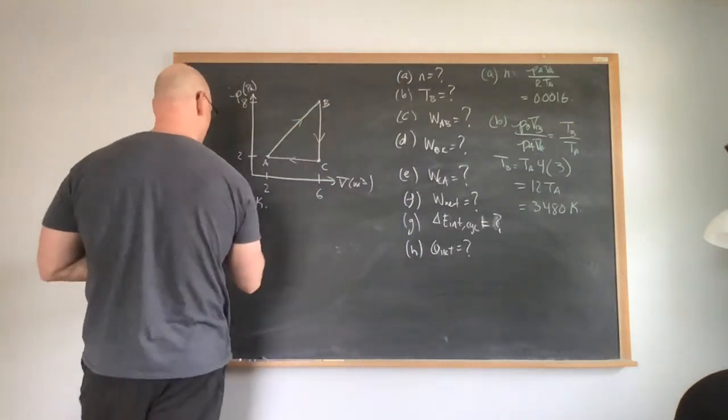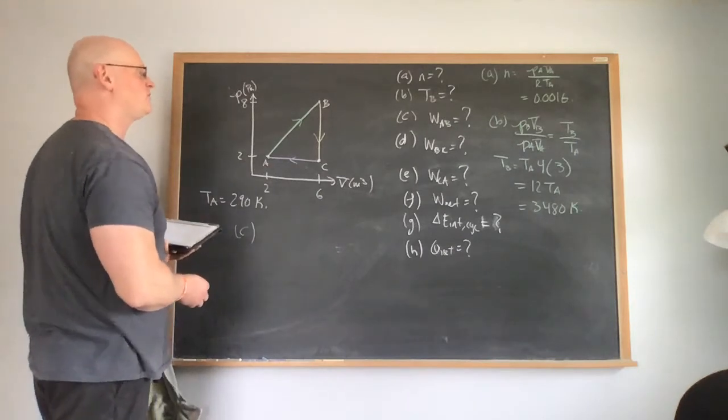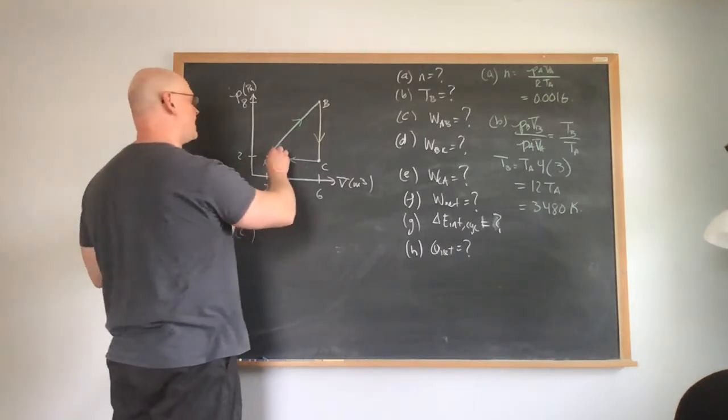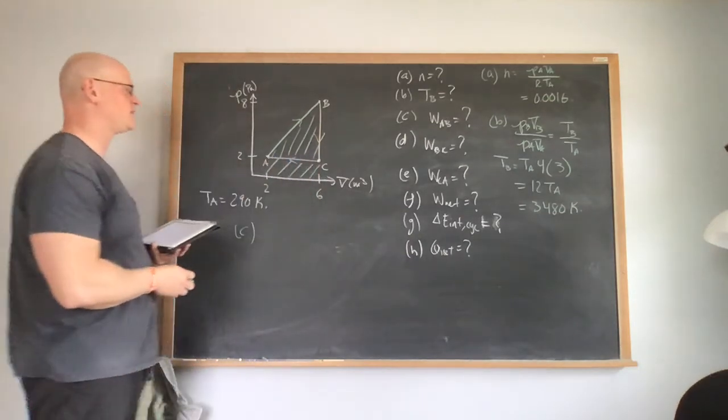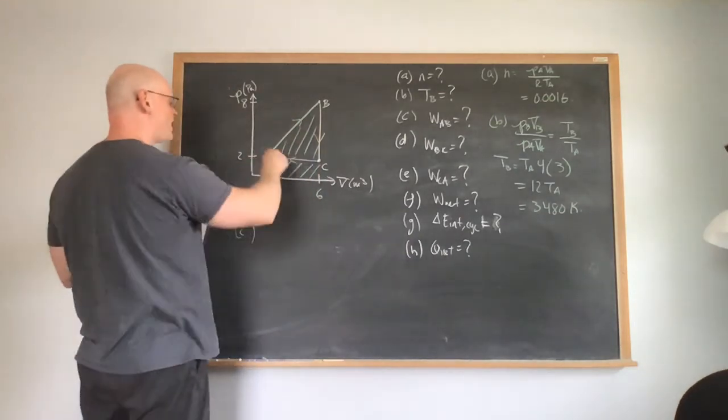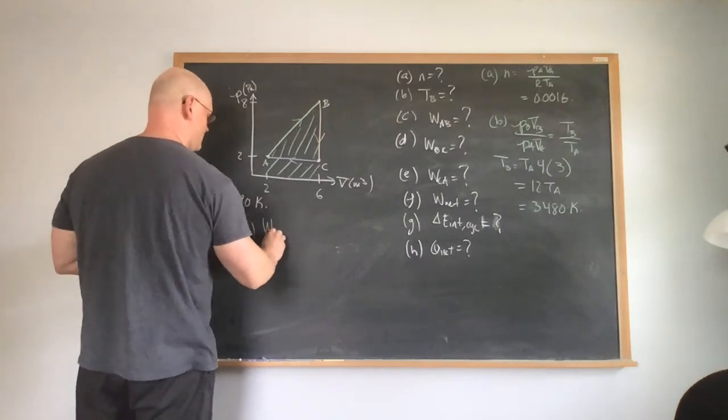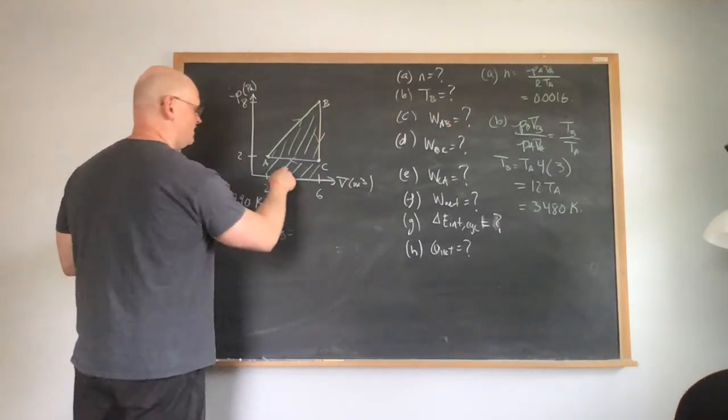So let's talk about part C. We know that, again, when I'm looking at a PV diagram, the work is simply the area under the curve. So in this case, we have two areas. We have the area of the triangle plus the area of the rectangle.